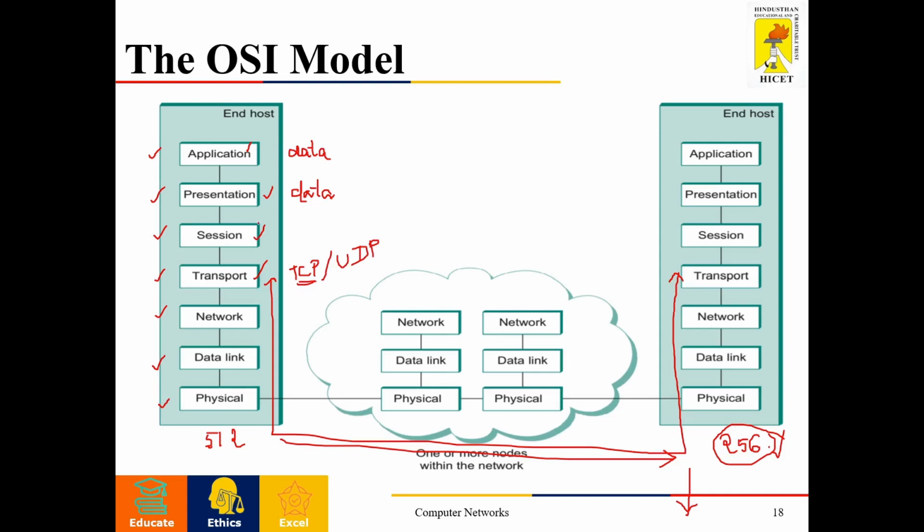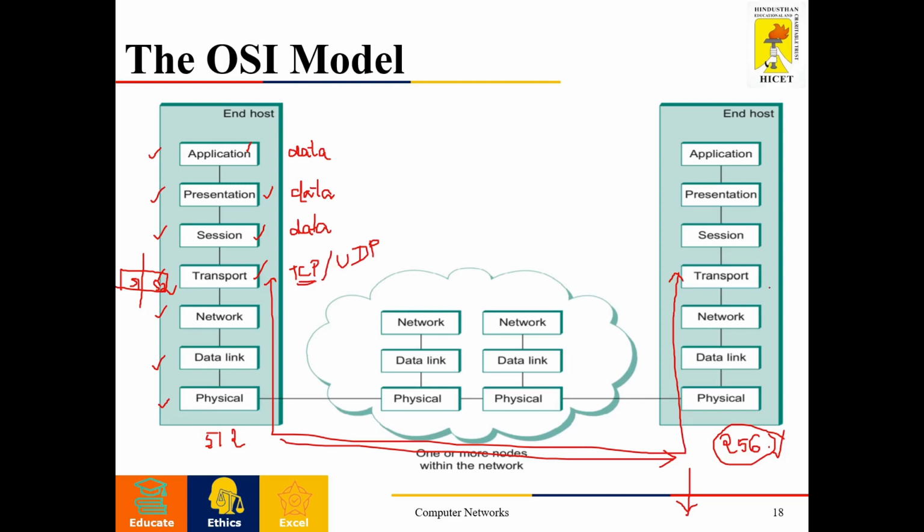Segmentation, in the sense, if the data coming from the session layer is too long, the data will be divided into segments, and each and every segment will have a sequence number. What is the purpose of the sequence number? It is a packet switched network, so the packets will arrive at the destination in an unordered way.